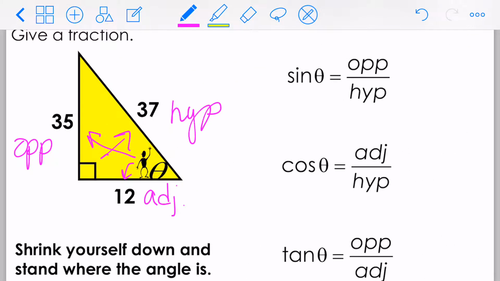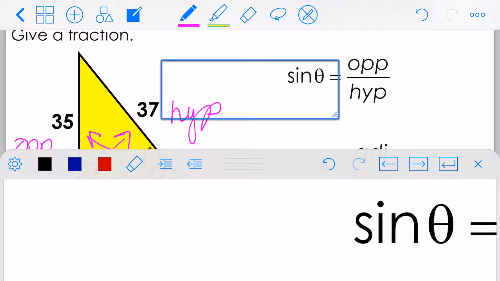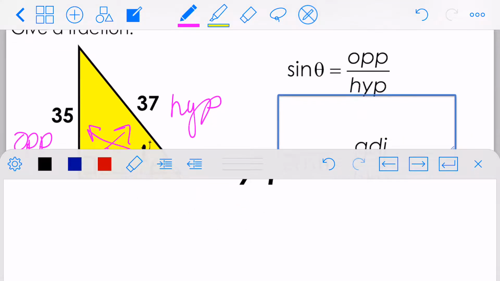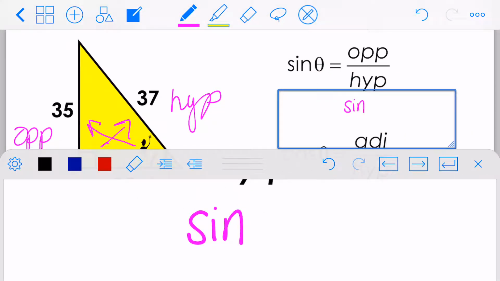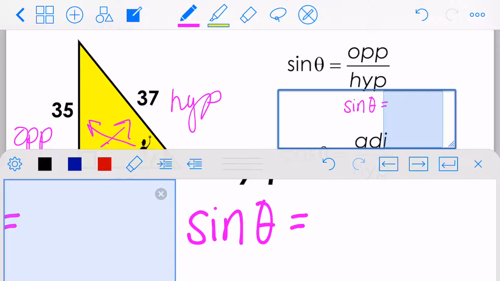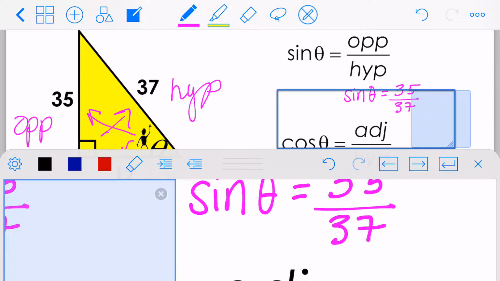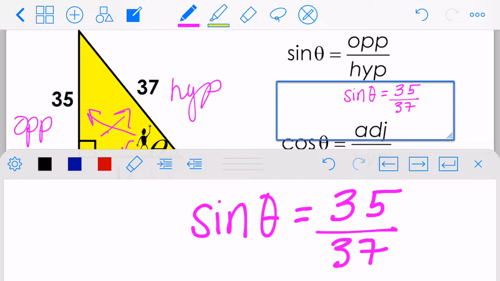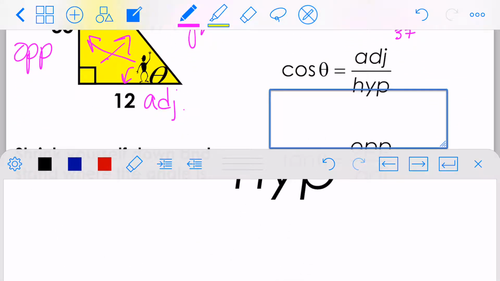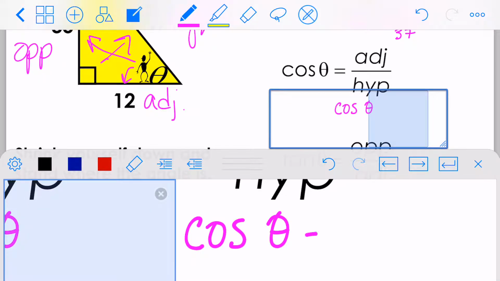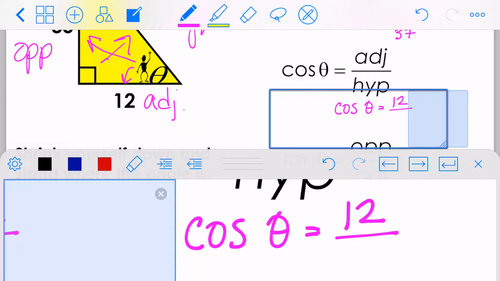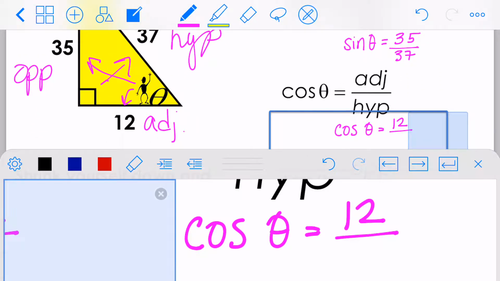So if we wanted to know sine, sine of theta is going to be your opposite, which we said is 35, over your hypotenuse of 37. Now, if you could simplify these, you want to, but in this case we cannot, so we're not going to. So cosine of theta is equal to your adjacent, which is 12, over your hypotenuse, which we said is 37.